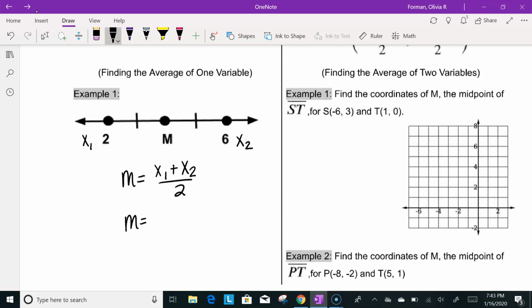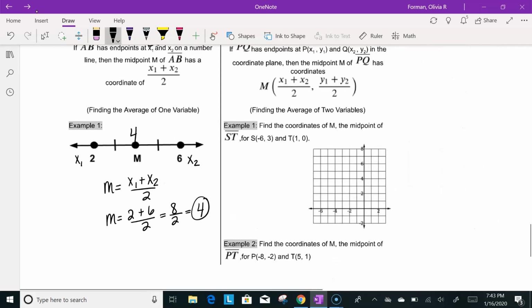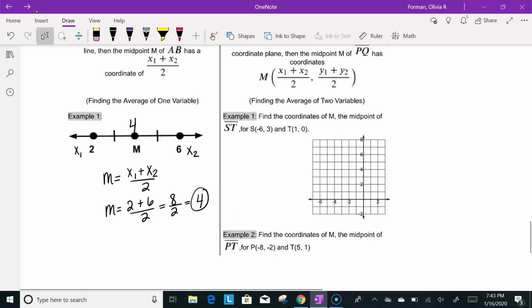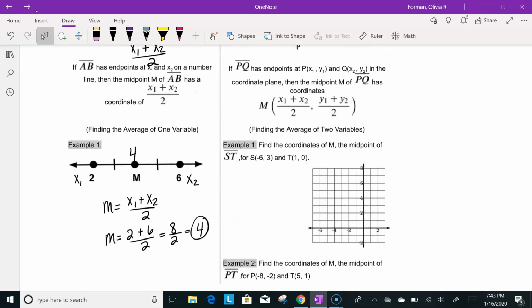Where is it located? 2 plus 6 divided by 2. 6 plus 2 is 8. 8 divided by 2. It would tell us that our midpoint is located at 4. So right here would be a 4. Pretty simple when it's one dimension, on a number line.